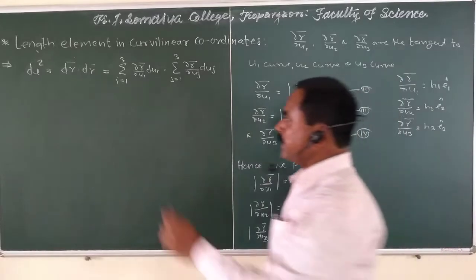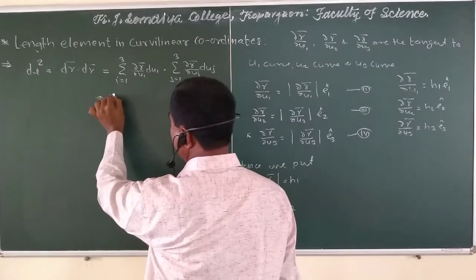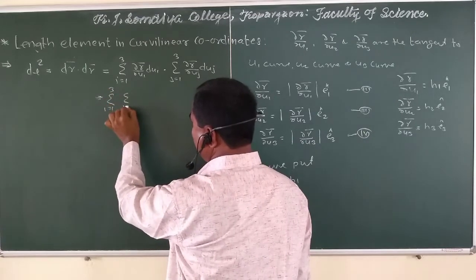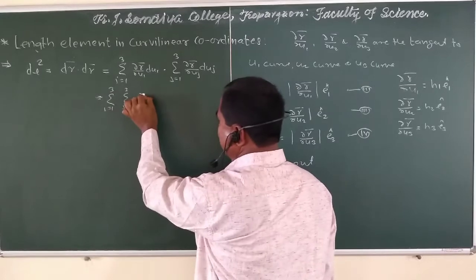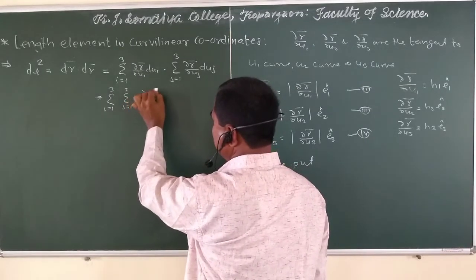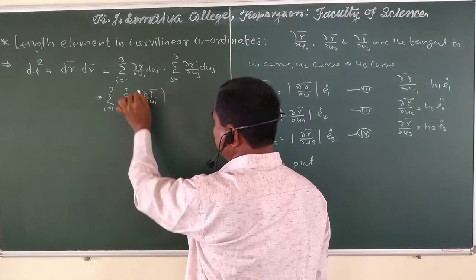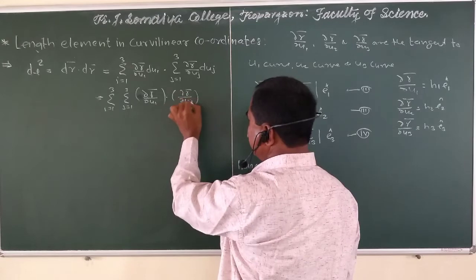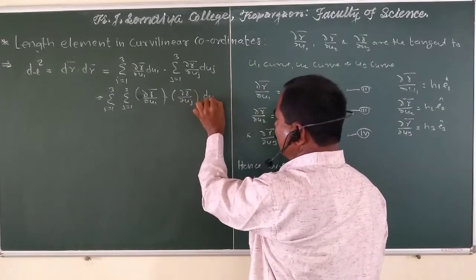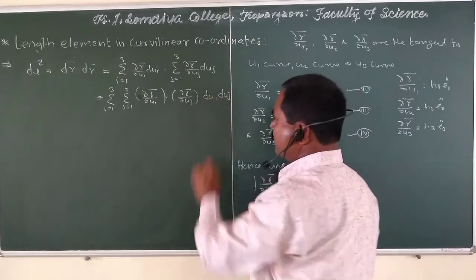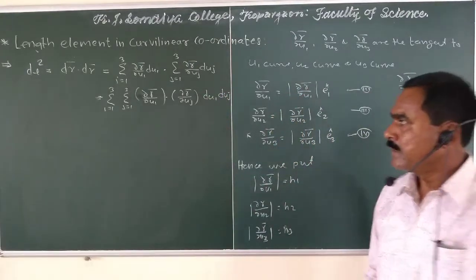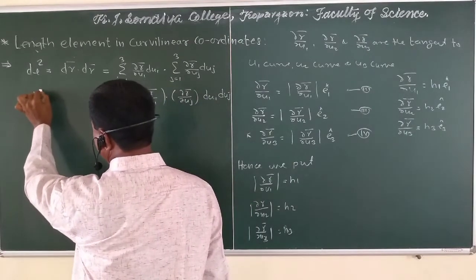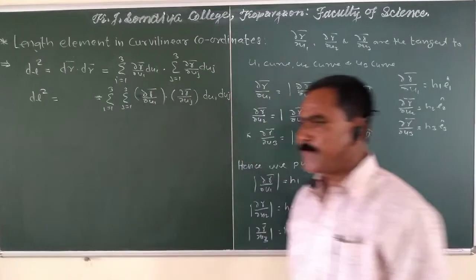Okay, so write this equal to the double summation i from 1 to 3, j from 1 to 3 of ∂r/∂ui · ∂r/∂uj dui duj. So this is the length element, dl².